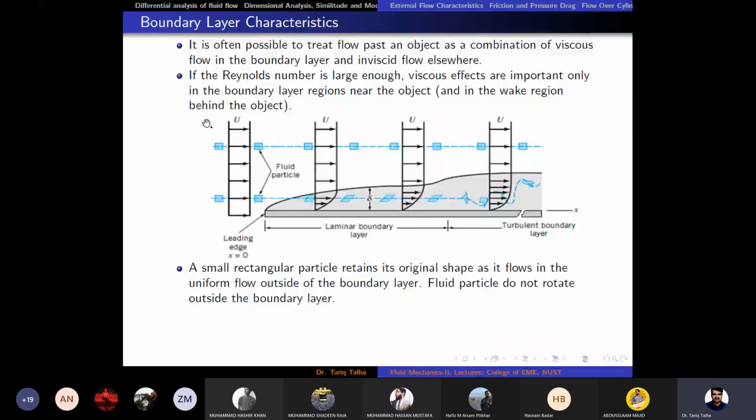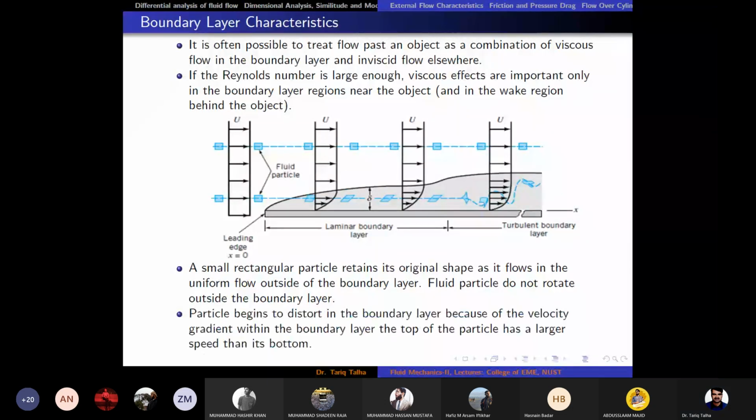But this is different when there is flow within the boundary layer, because the velocity at the upper side would be more, and the velocity at the lower side within the boundary layer would be less. That's why there would be a rotation of that element, right? And there would be a deformation.